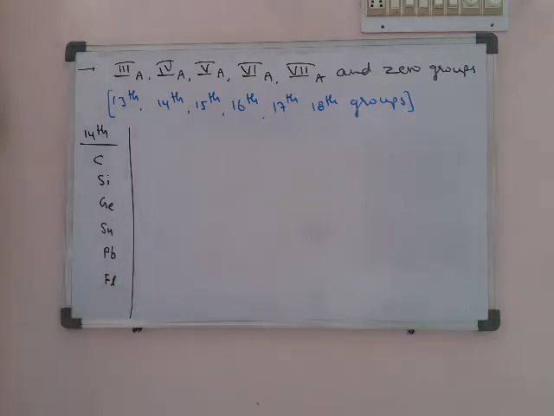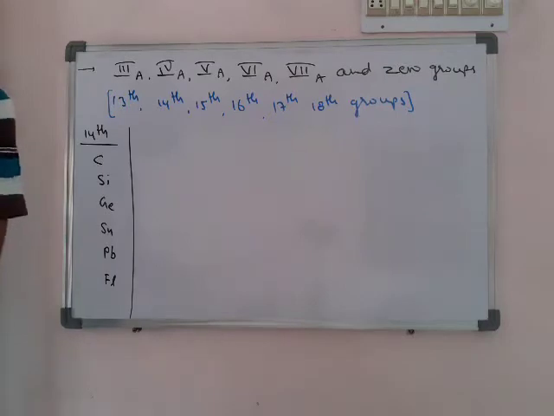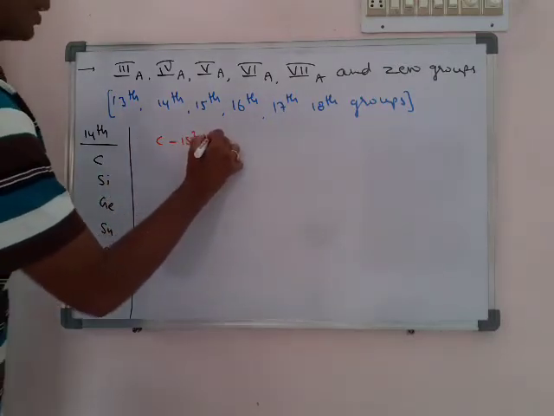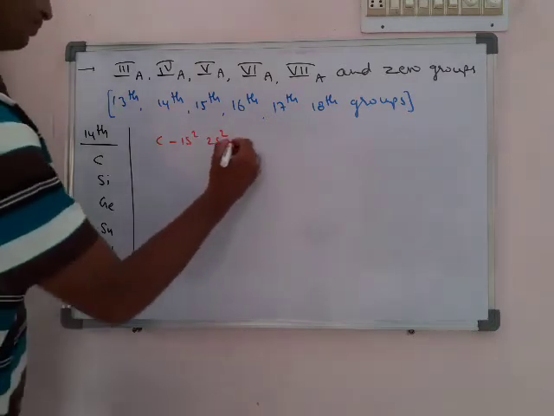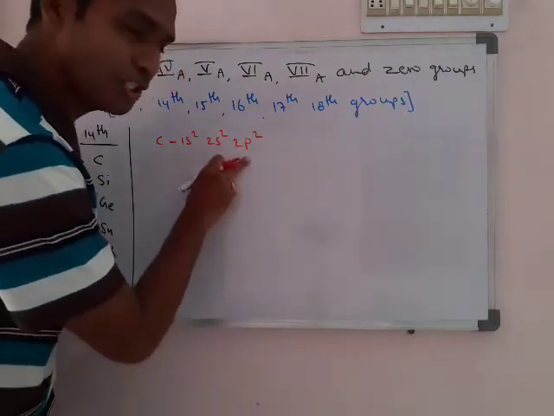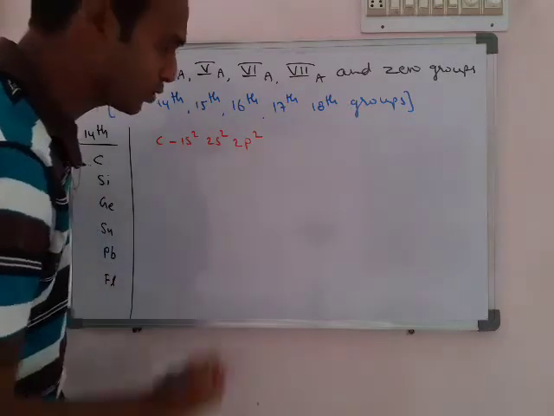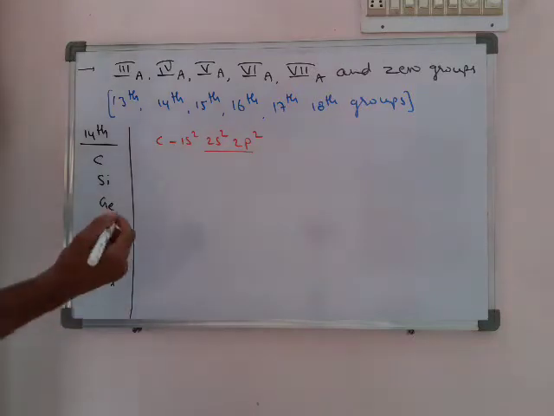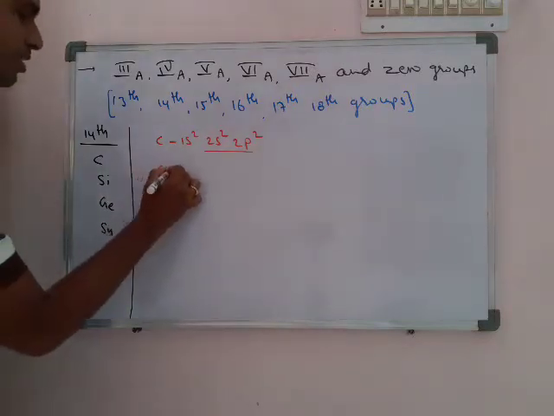So first check one or two examples. For carbon, we know 1s2, 2s2 and 2p2, where the differentiating electron is present in the 2p subshell. So that's why it belongs to p block. So what is the last valency configuration? 2s2, 2p2.